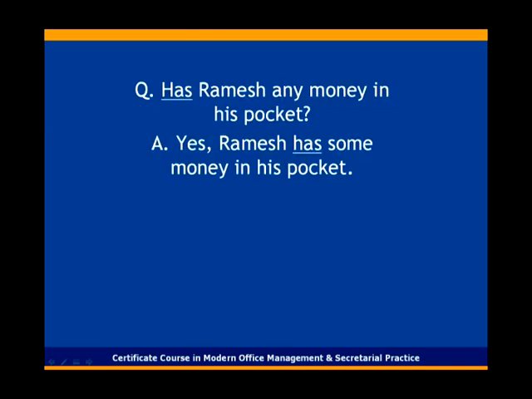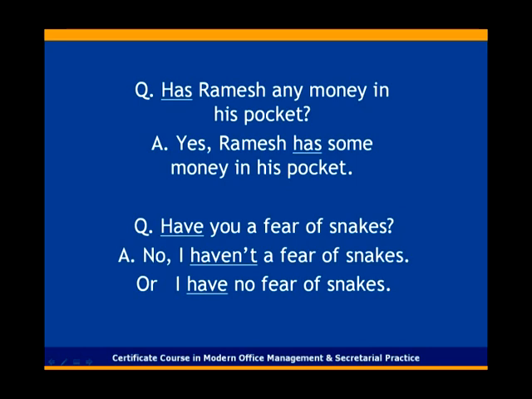Has Ramesh any money in his pocket? Yes, Ramesh has some money in his pocket. Have you a fear of snakes? No, I haven't a fear of snakes. Or I have no fear of snakes.